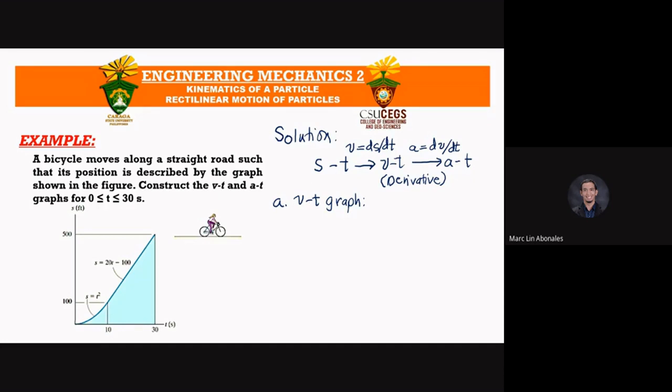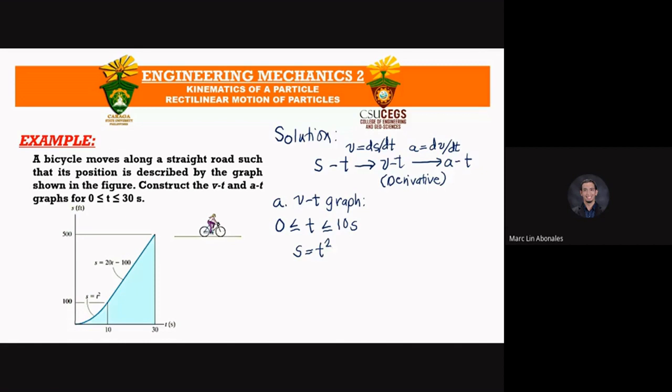So the first one is the first interval, 0 to 10 seconds. During the time interval 0 to 10 seconds, its motion is described with the function s is equal to t squared.